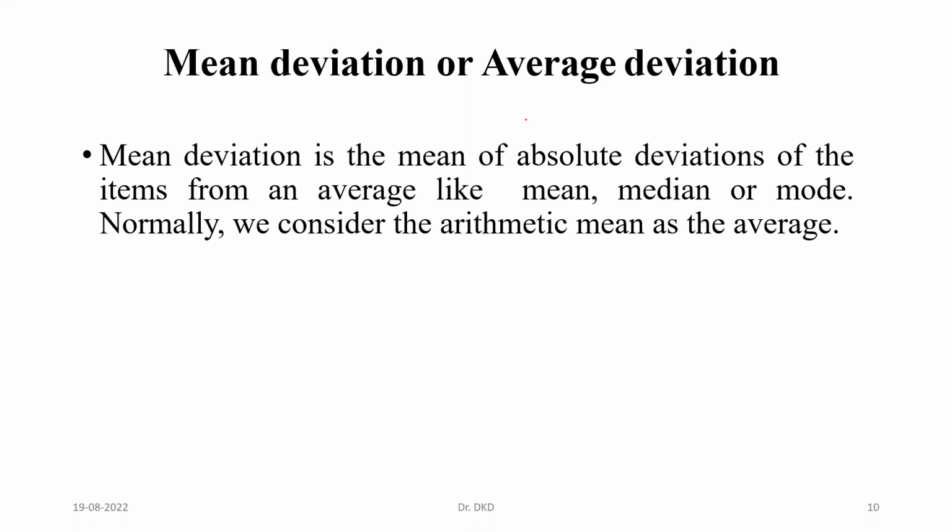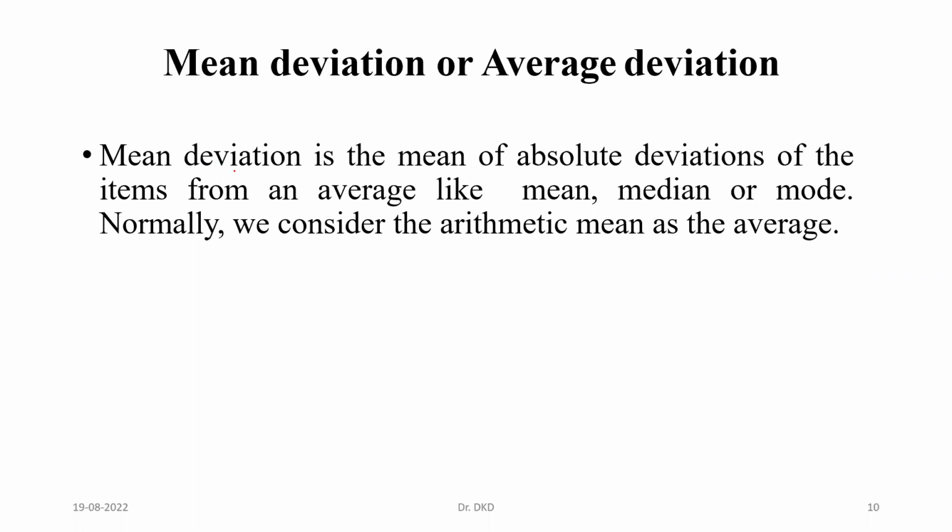Hello, here we will talk about mean deviation, or we can say average deviation. Mean deviation is a subtype of absolute measures of dispersion. We will understand what mean deviation is and how to calculate it.